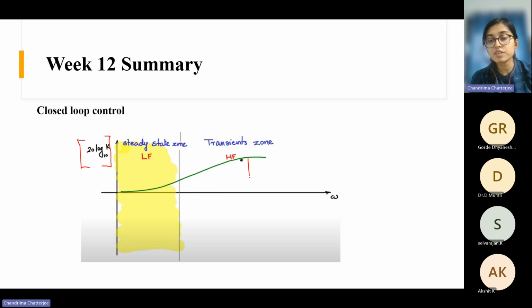You see that at high frequency region the gain is very high. We don't want that. Why? Because then your unwanted noises will get amplified. We want only the DC part, not any unwanted noise. But in this portion you will get only unwanted noises with very high amplification.